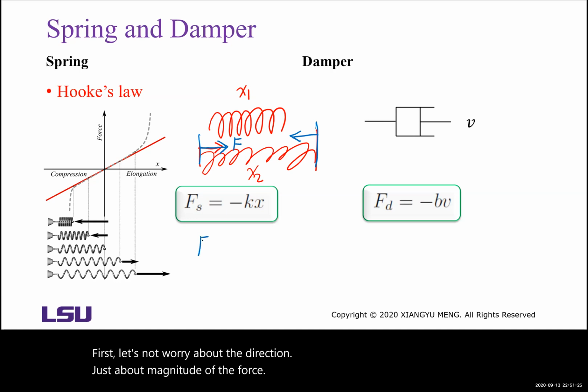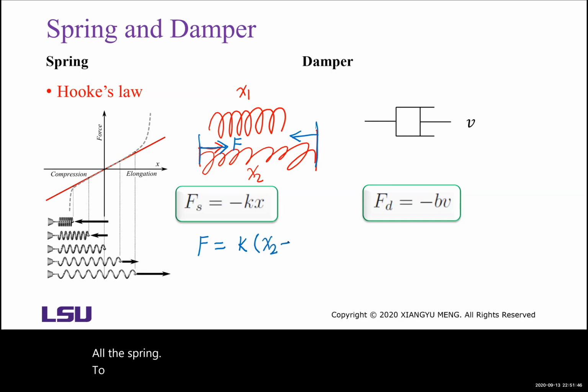So F will be equal to K, a constant that is a characteristic of the spring, times the change in length of the spring. It will be x2 minus x1.